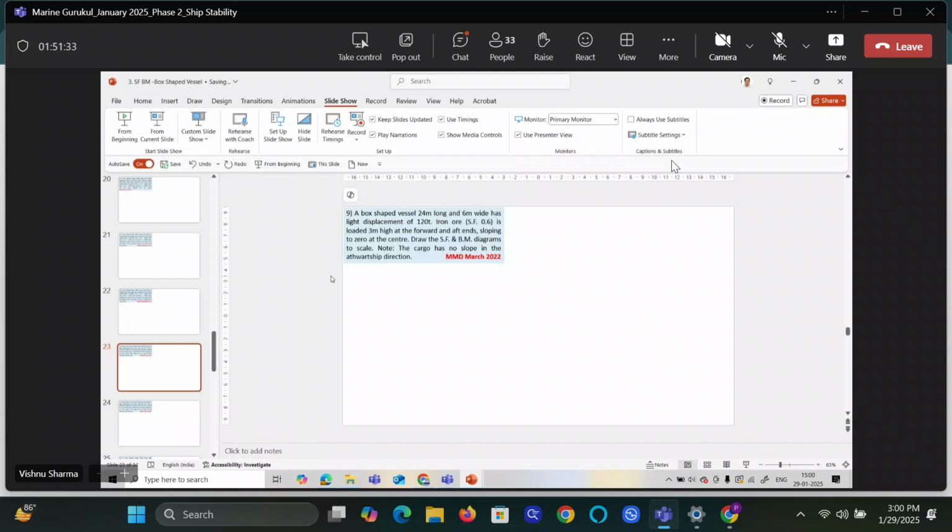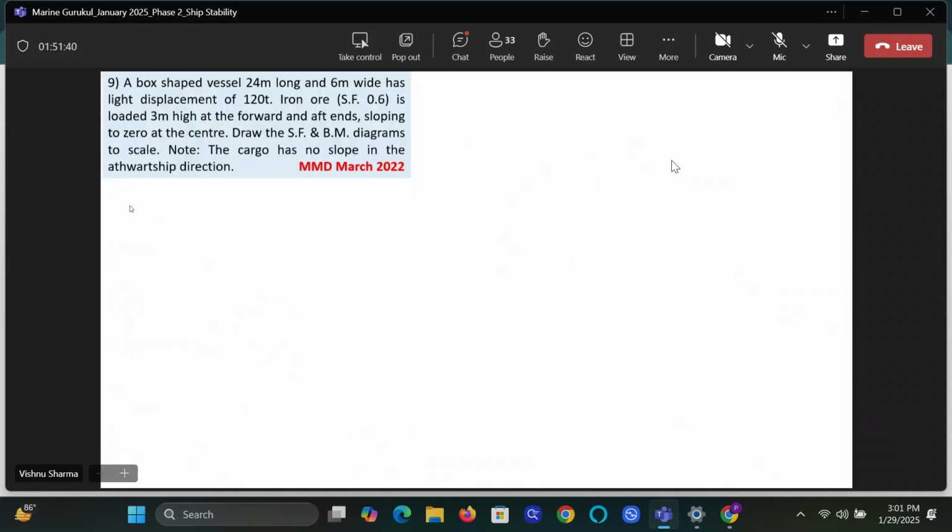This was 9th, storage factor. Okay, this one. Let's do this one. Please do this one. Guys, can you make a diagram of this based on the question? Please make the box-shaped side view with cargo.